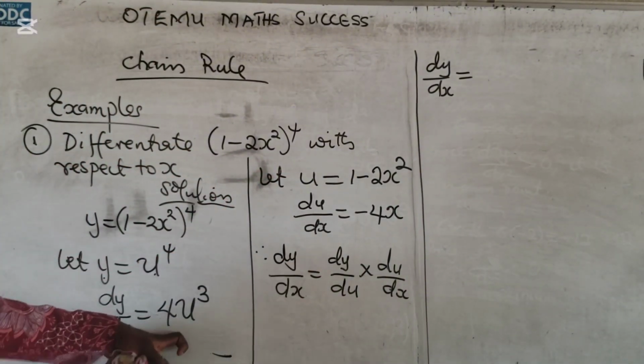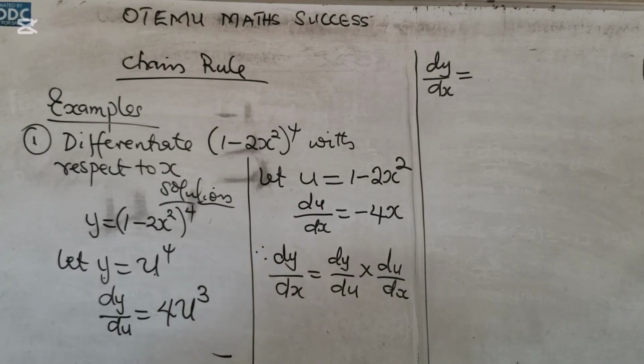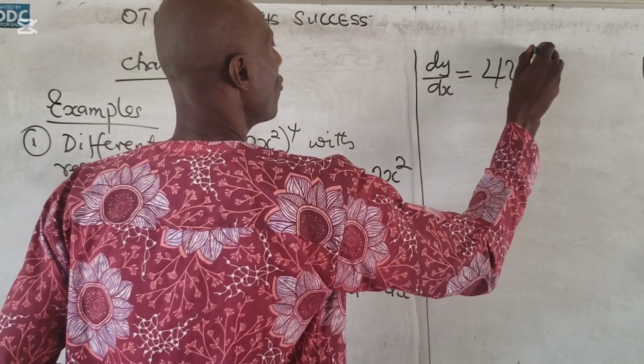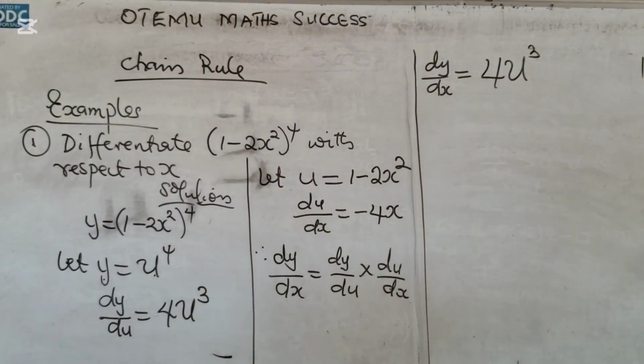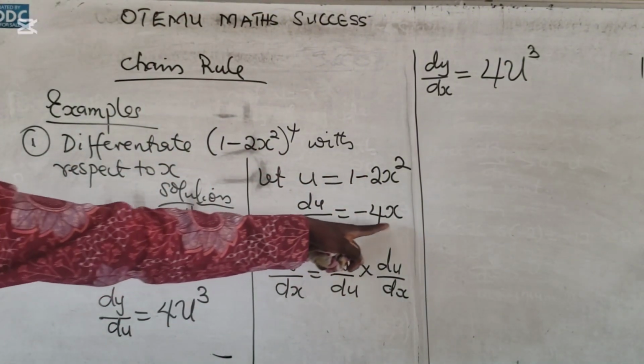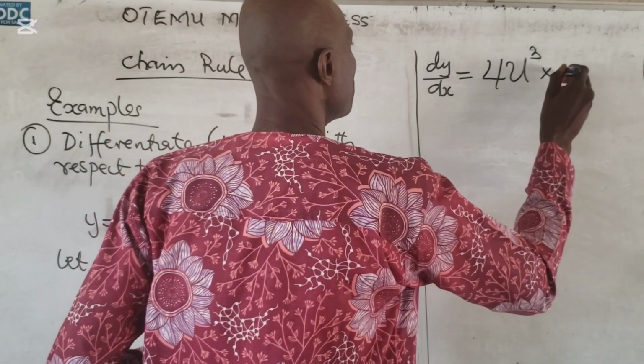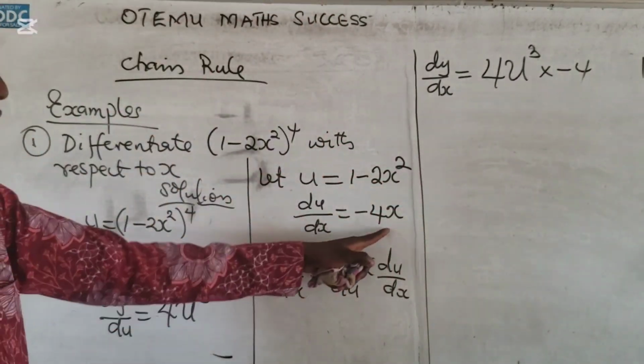What is dy/du? It is 4u raised to power 3. And what is du/dx? It is minus 4x.